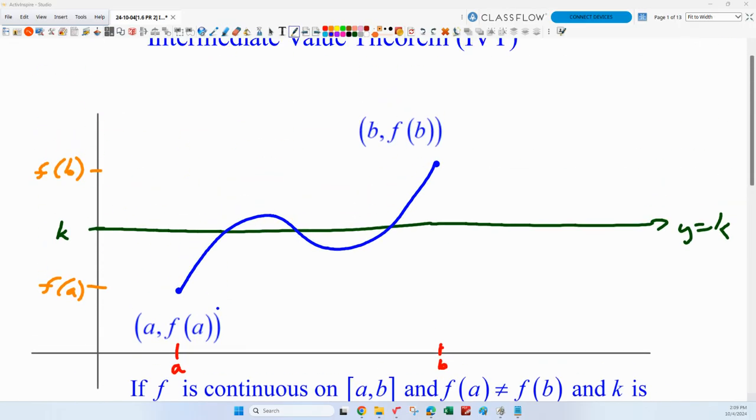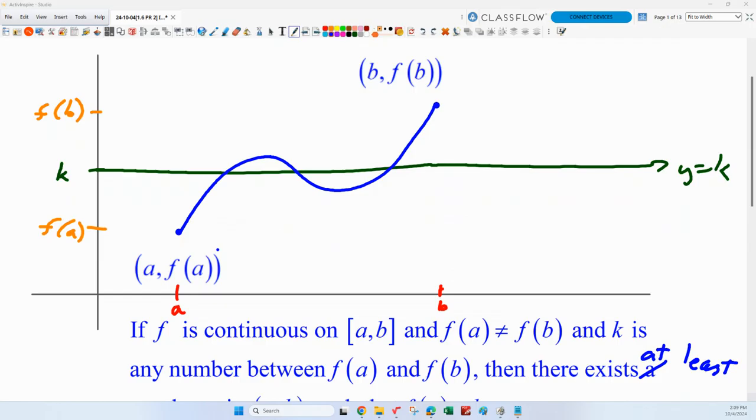Well, here we ended up with three of them, right? We could say that there's one intersection, so we could call that c1. Here's another one, c2. And here's another one, c3. But we know we have to get at least one value of c. That's all it says. Does it help us find it? No, you've got to do algebra to find it. But it tells you that it has to be there, right?